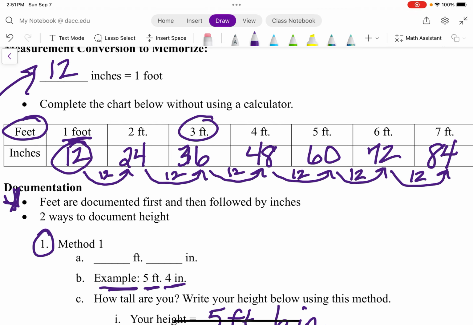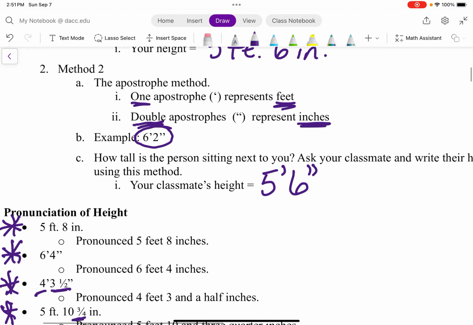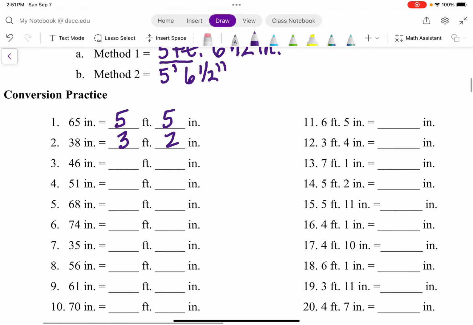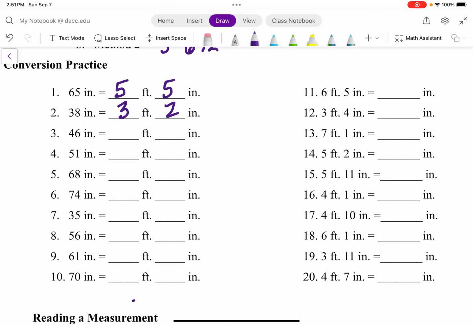Once again, it's the 3 feet at 36 inches. So we know that it's 3 feet because that's 36 inches, but we have to take the total number of inches, 46, minus the 36, and that's 10. So 3 feet, 10 inches is 46 inches.